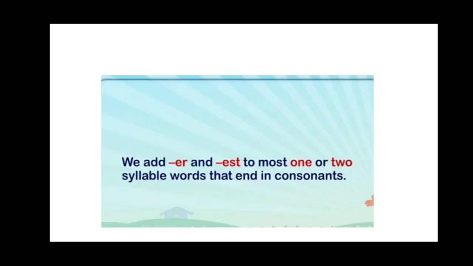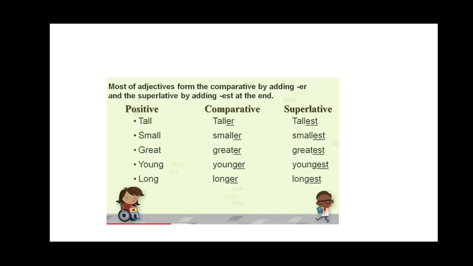See here, we add er and est to most one or two syllable words that end in consonants. ER for comparative degree and EST for superlative degree. Here I have given you some words for positive, comparative and superlative degrees.